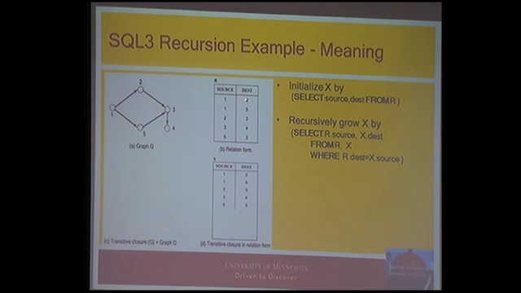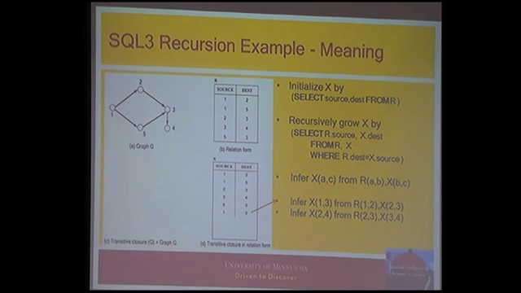If I look at this clause, R dot destination is the same as X dot source, then I am going to add R dot source and X dot destination. So this is inferred from these two, and that gets added. Everyone with me? And then you can repeat it.